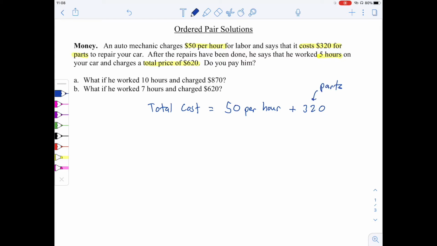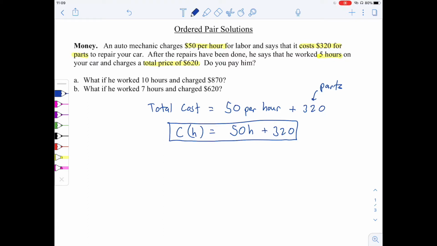To shorthand this equation, instead of writing the words out all the time, we can use C of H, so cost for so many hours. $50 per hour can just be written 50 times H, because 50 times hours will give us the cost. Then we bring down our parts cost, which is $320.